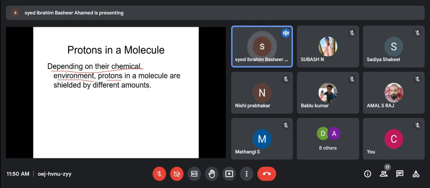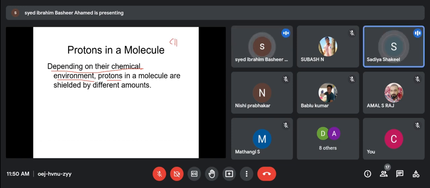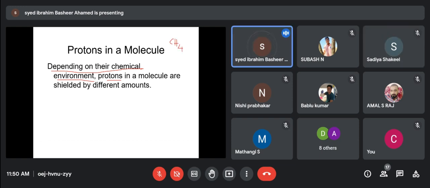So what is the name of this? CH3Cl. Chloromethane. So I have CH3Cl here, and this is methane.